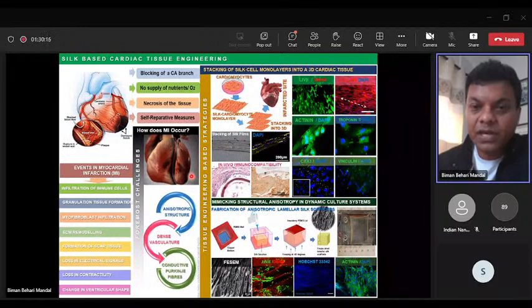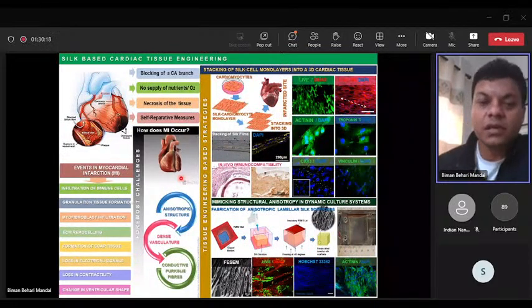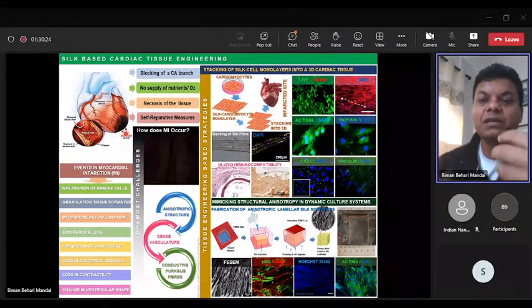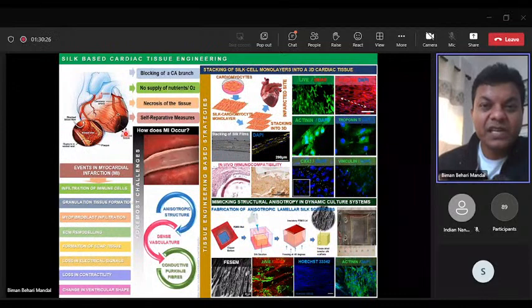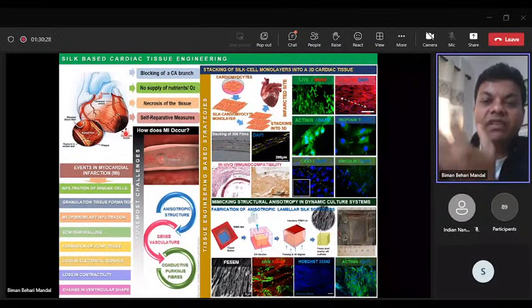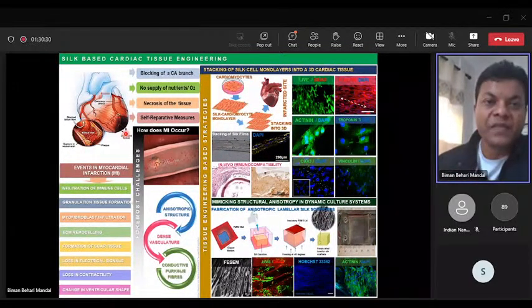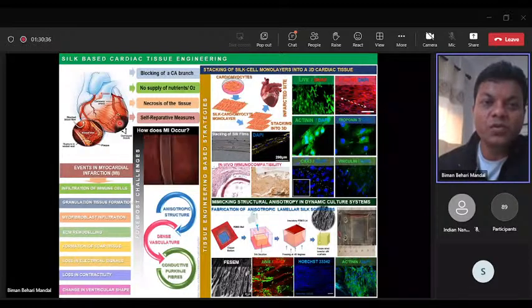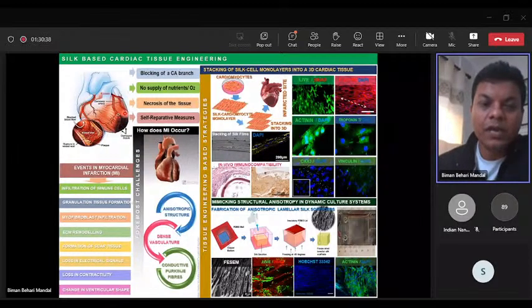Now, what are the potential solutions for this? Initially, stem cell therapy was used, where stem cells, which are special progenitor cells, as I said, have the ability to differentiate into heart-like cells. The doctors would inject the cells as a stem cell therapy, and the cells are supposed to go and reside in this place, differentiate into cardiomyocytes, and the lost function is regained.